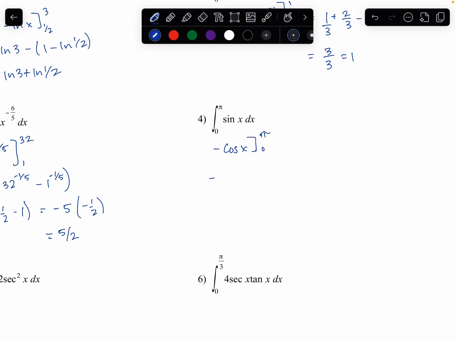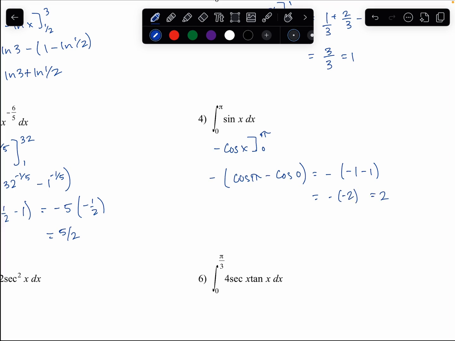We'll do negative cosine of pi minus cosine of 0. Negative cosine of pi is 1, minus cosine of 0, which is 1. So that's going to be negative 2, which will be 2.